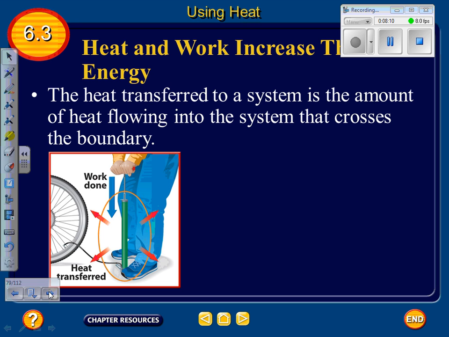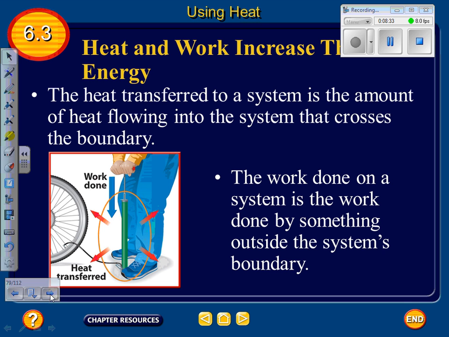The heat transferred to a system is the amount of heat flowing into the system that crosses the boundary. So in this example of pumping up a bicycle tire, you're putting the energy in, but the heat transferred from it, and this tube will heat up. That heat transferred escapes and crosses the boundary.